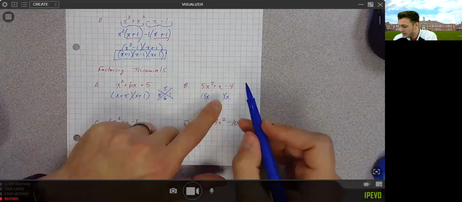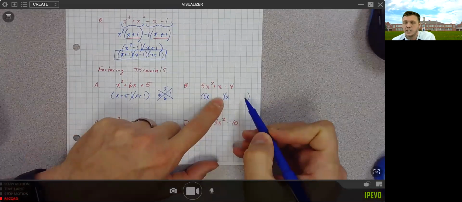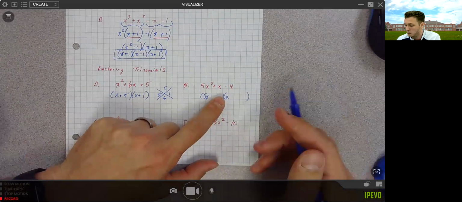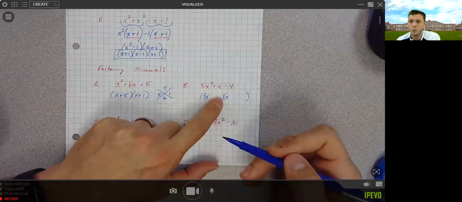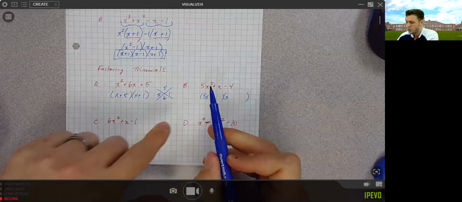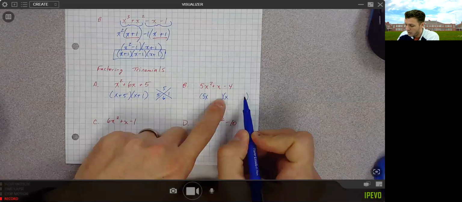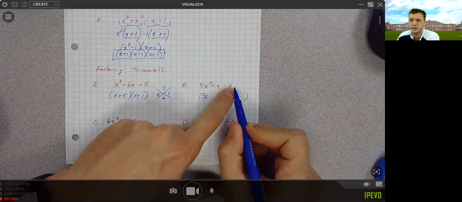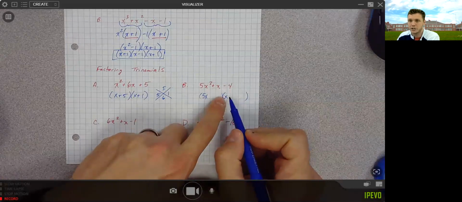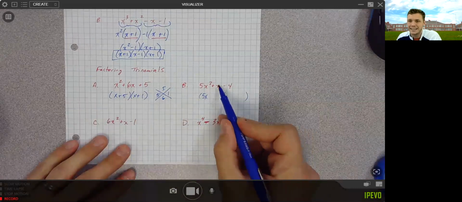Next is where I have to split up 4. I know factors of 4 are 1 and 4, or 2 and 2. But where to put them and whether to make them negative or positive is where we guess and check. I know that these two numbers have to multiply to get negative 4, but when I multiply my outer and my inner terms, they have to add together to get 1.